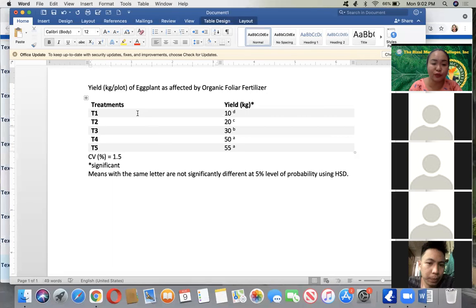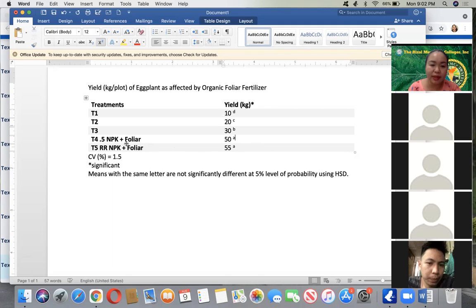And imagine T4 earlier was only half, 0.5 of the NPK plus foliar fertilizer, whereas T5 is the combination of the full recommended rate, NPK plus foliar. So both of them have letter A, they are the highest.